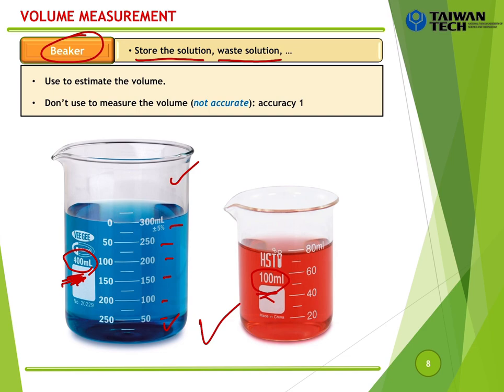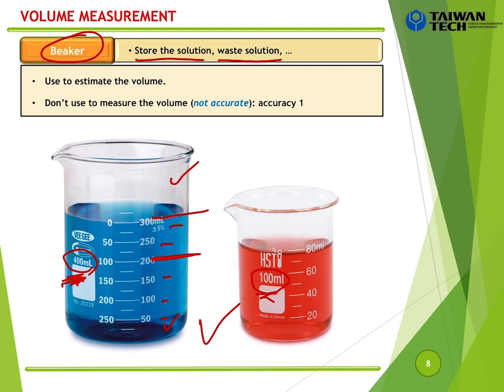It means that if you want to do an experiment with maybe around 200 milliliter, you just fill the chemical maybe around here. No need to fill too much, you will weigh your chemical, okay? Or maybe you want to use 300, so we may fill chemical until here. So this one is just to know the approximate volume of the chemical you have inside only, okay? So don't use this one for the measurement of the volume for your experiment, okay?